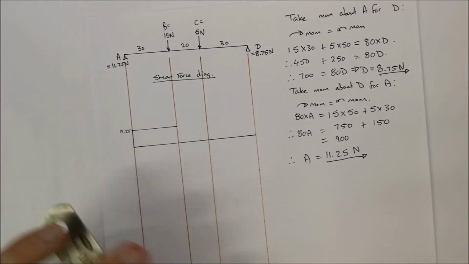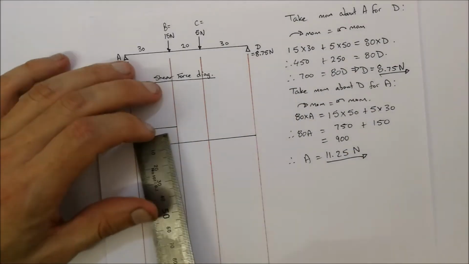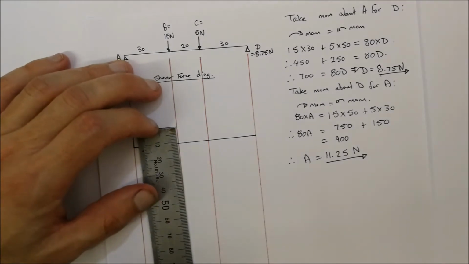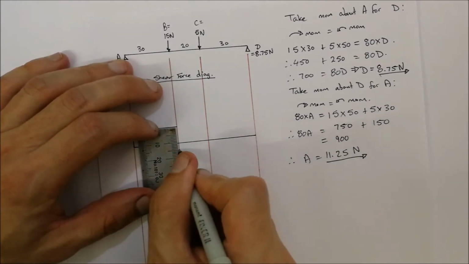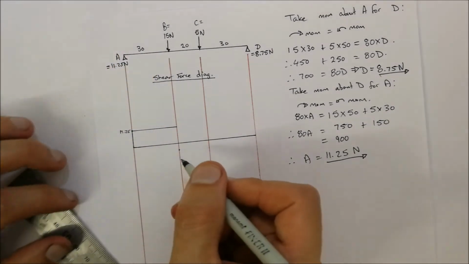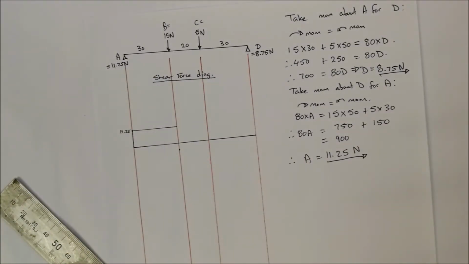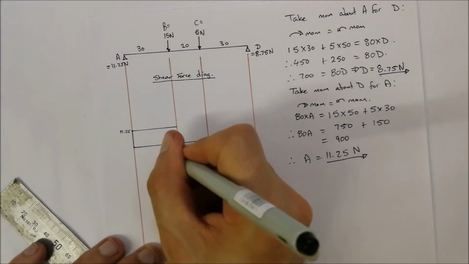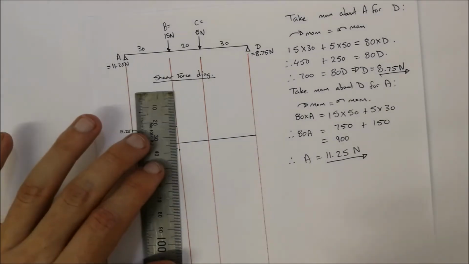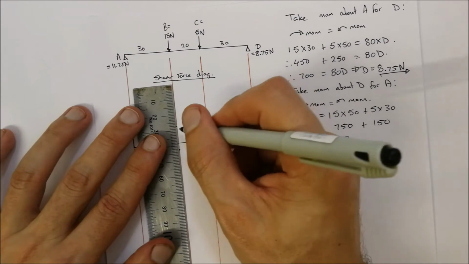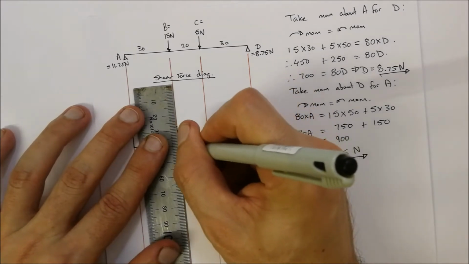Okay, so we are able to draw 15 millimeters down over here, which will be over there. Okay, so now if we say 11.25 minus 15, that will leave us at minus 3.75. Okay, so we can draw a straight line over there.